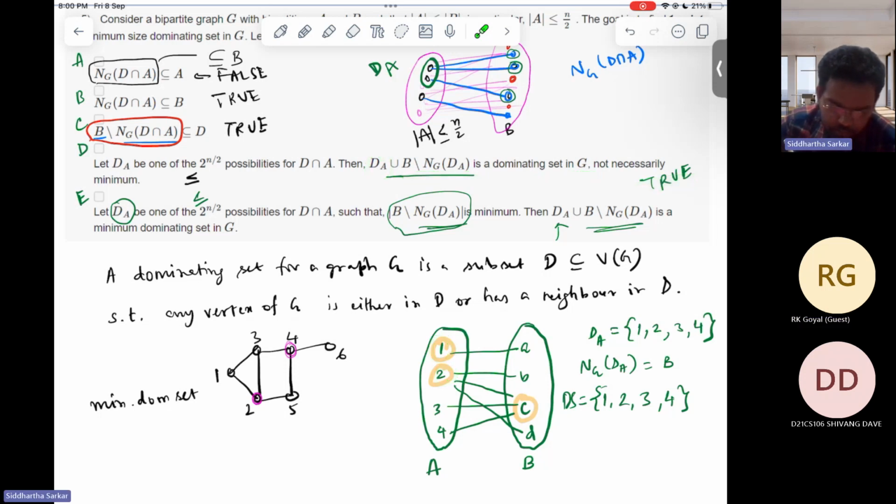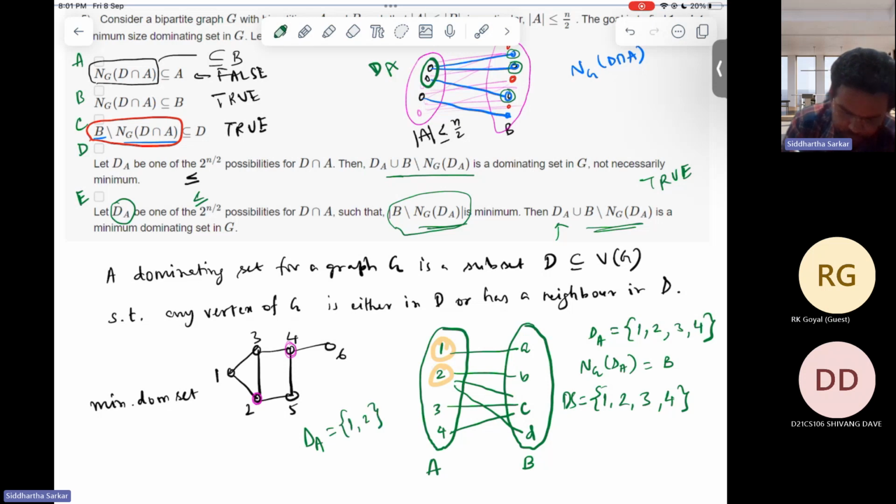So you understand the problem. If you take 1, 2, then you are covering all the vertices connected to 1 and 2. Forget C now. So your DA, your subset of A, is 1 and 2.